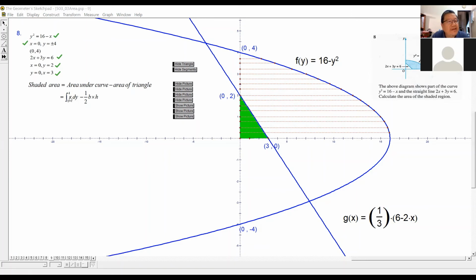Now this thing here, x dy. x dy means between the curve and the y-axis. Then the upper and lower limit comes from the y-axis. So we look along the y-axis. You want to integrate from 2 to 4 or 0 to 4? Which one will give you the area between the curve and the y-axis?